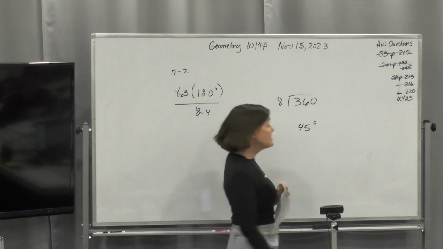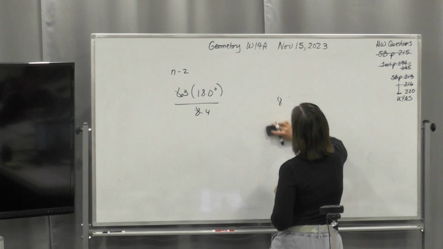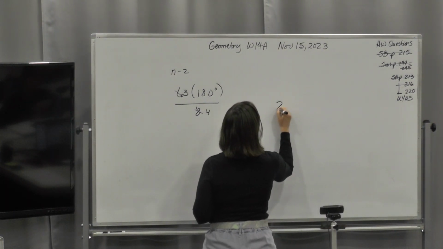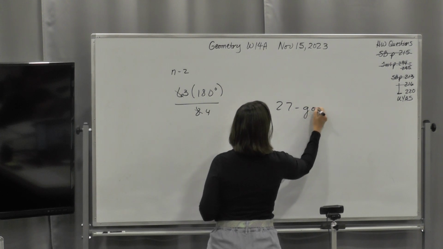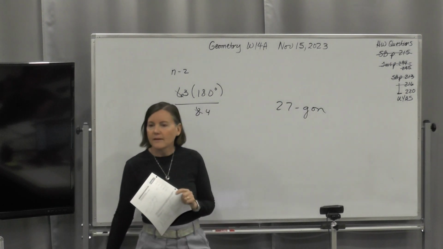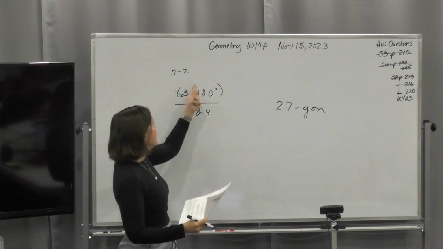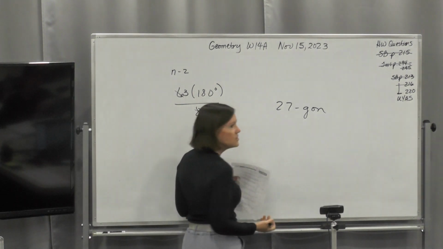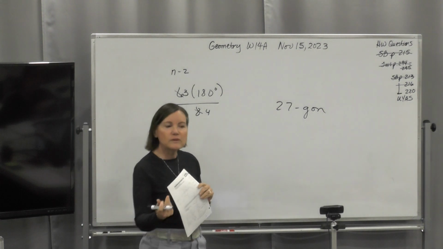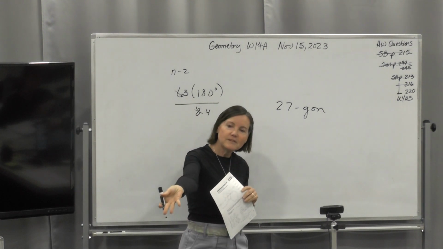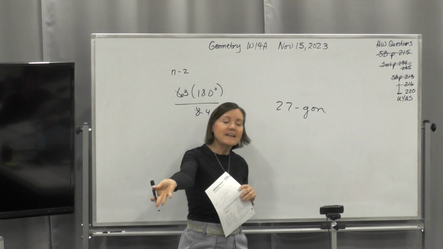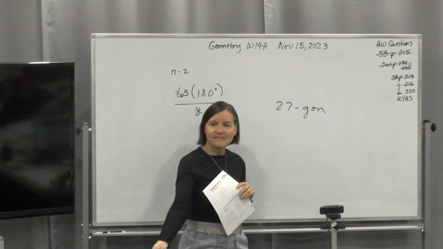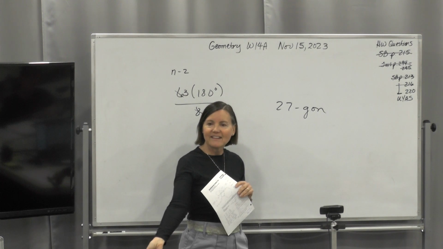135. And hey guys, what if you had a 27-gon? I could plug that in and do all that, but notice what else I could do: take 360 and divide by 27. What do you get? 13.3.